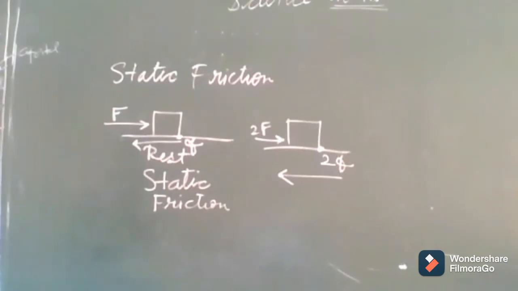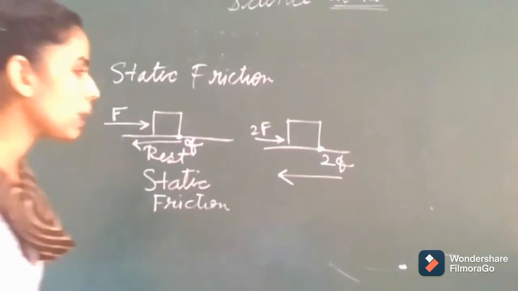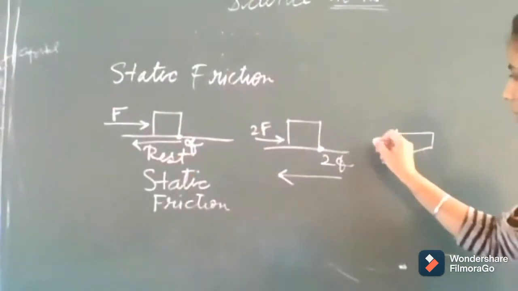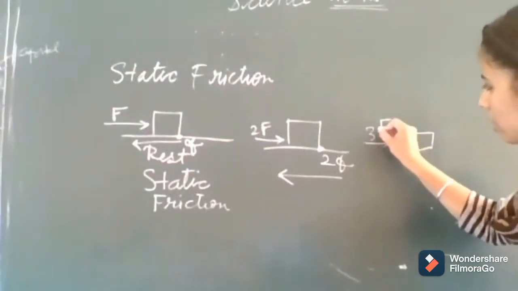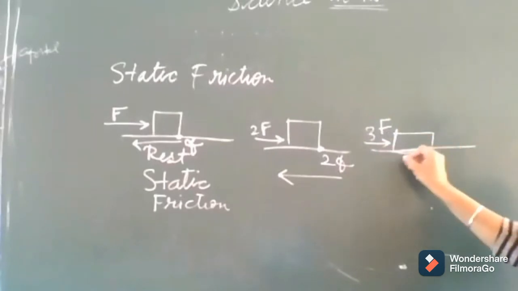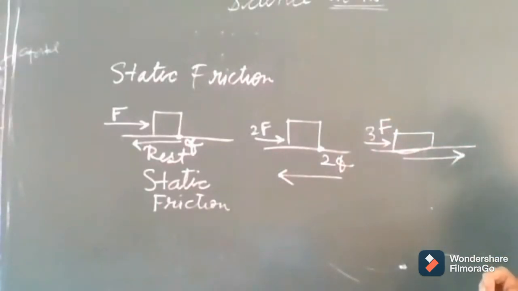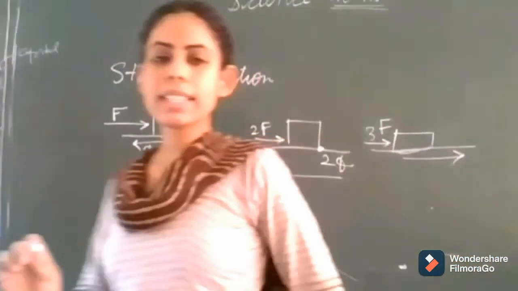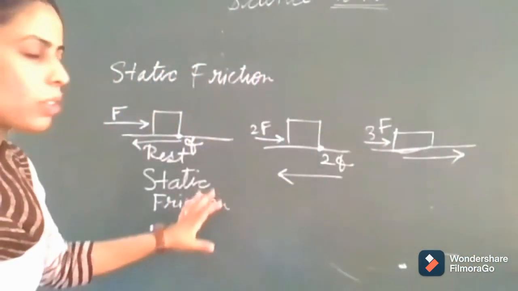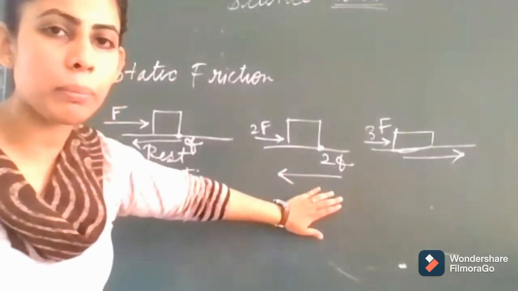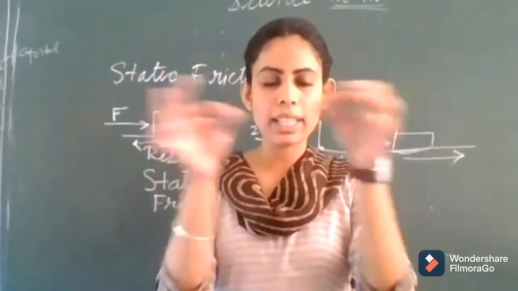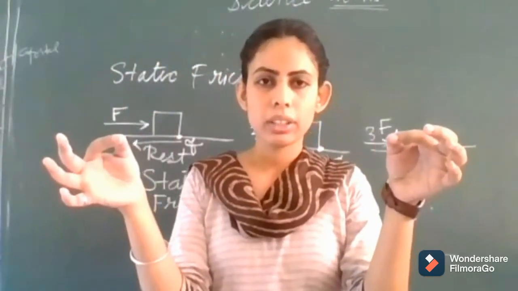If I apply more force, for example, I increase the force now to 3F, then it may happen that the box will move. And this is a limit. There is a limit until which it does not move. But for example, we take an elastic rubber band.